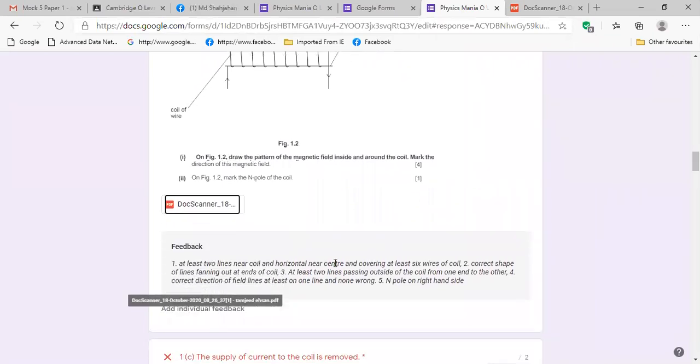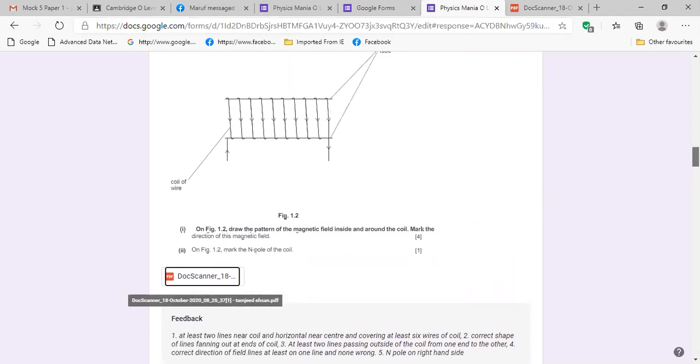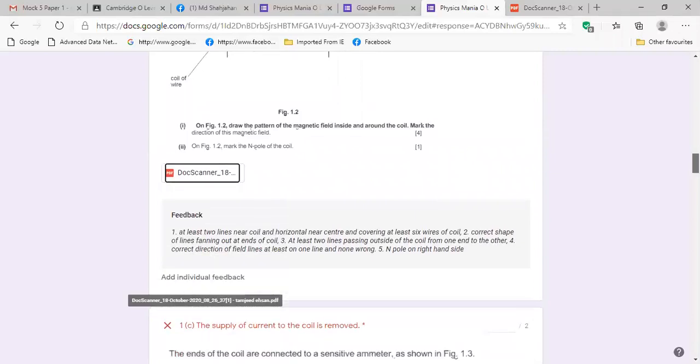At least two lines near the coil and horizontal near the center, and covering at least six wires of the coil. Here we have 1, 2, 3, 4, 5, 6, 7, 8, 9, 10. So our line should go through here, at least six wires covered. Then correct shape of lines fanning out at the ends of the coil.